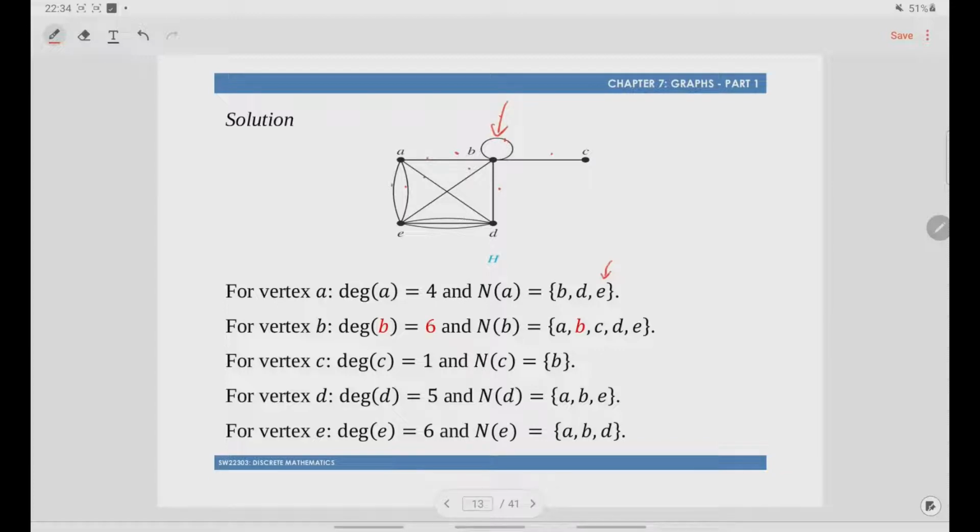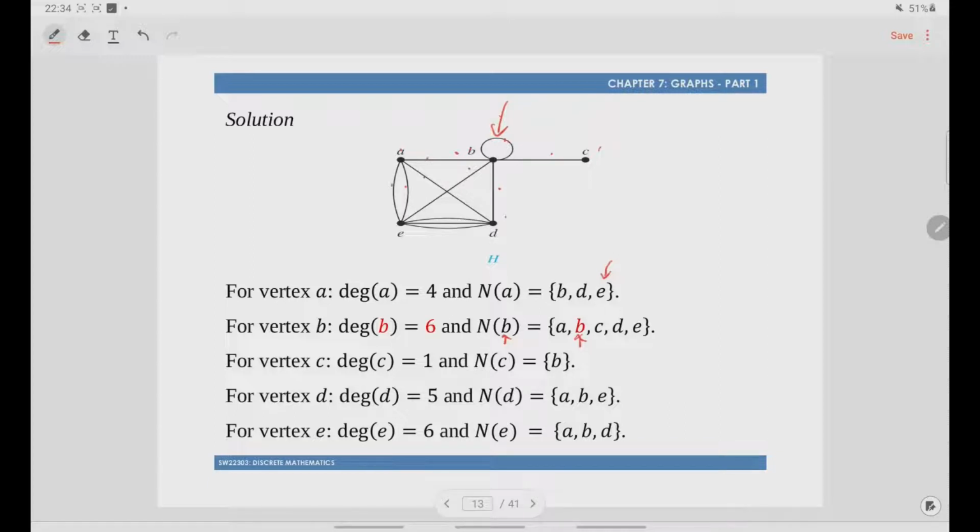So the degree of B is equal to 6. The neighborhood of B, we have A, we also have B itself. That means we have a loop at the vertex B. So we have B, we have C, D, and also E.